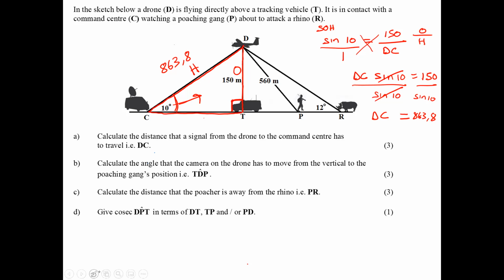Right, we're ready to move on. So let's read the next question. Calculate the angle that the camera on the drone has to move from the vertical to the poaching gang's position, that is angle TDP. I want you firstly to highlight the triangle.